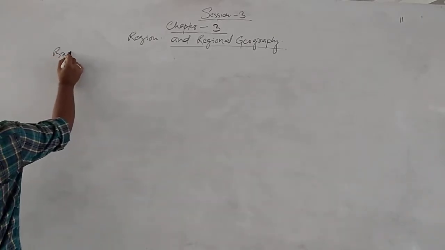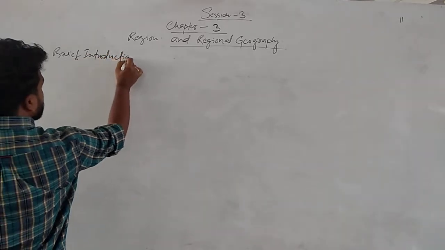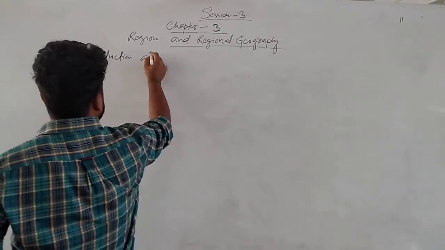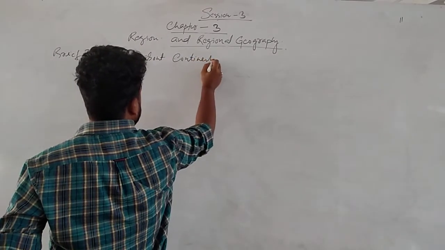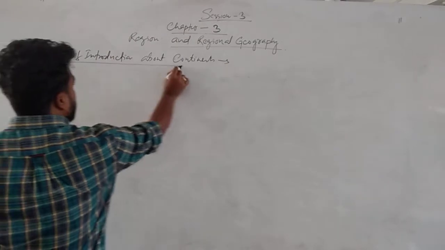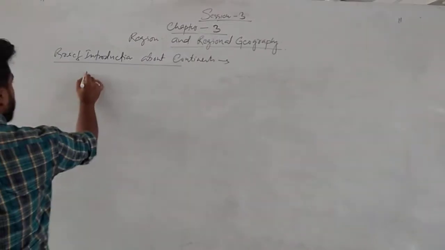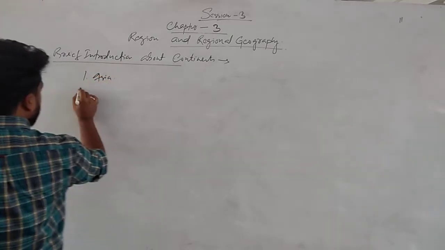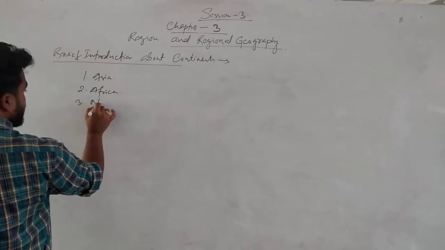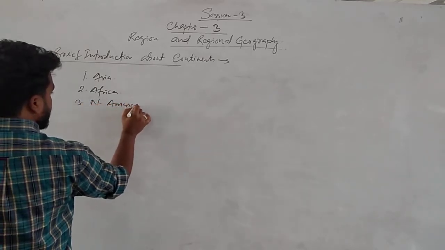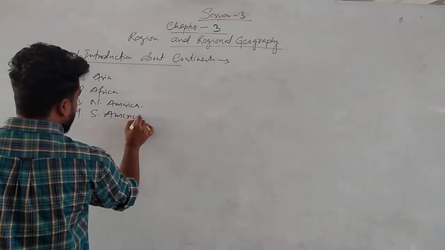Now our next topic is a brief introduction about continents. How many continents are there? Seven continents. Number 1 is Asia. Number 2 is Africa. Number 3 is North America. Number 4 is South America.